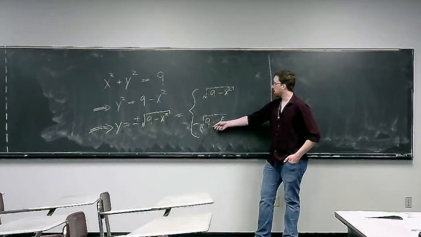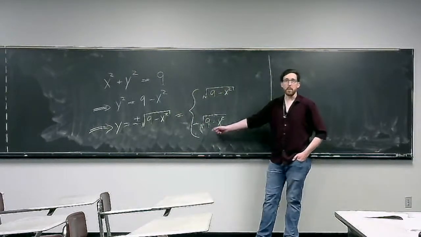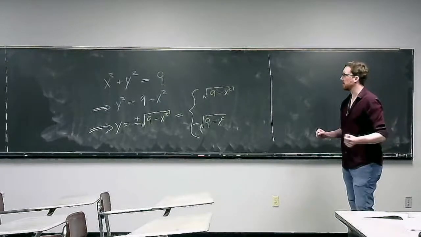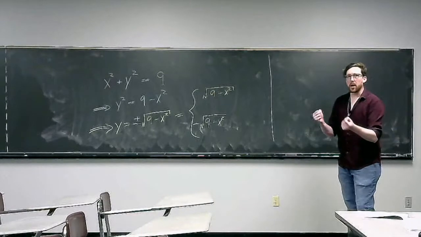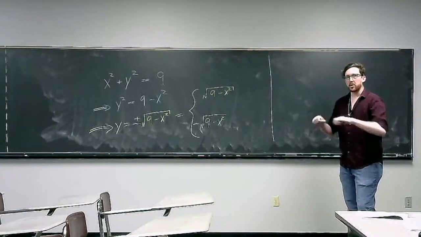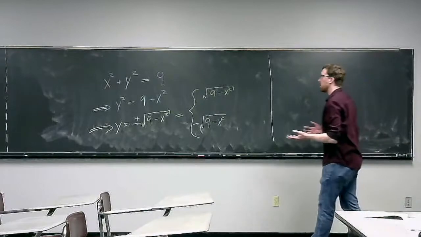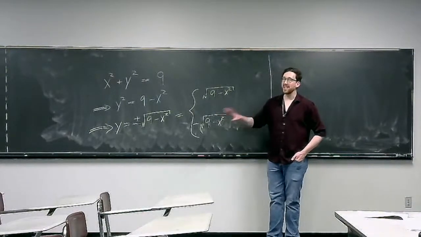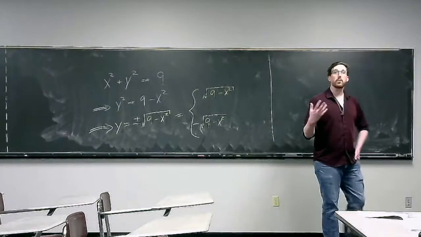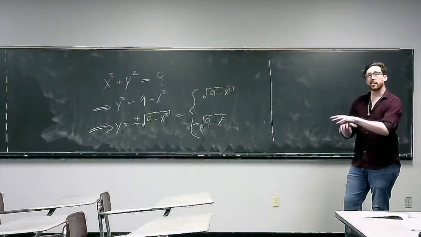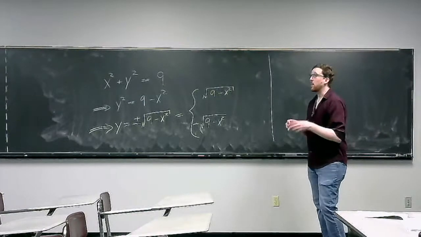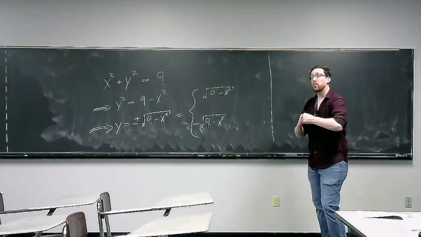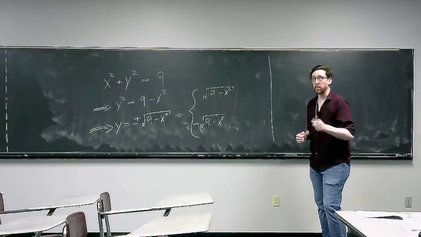And this equation down here represents the bottom half of that. So you can't actually untangle these x's and y's from each other and describe the entire system. Sure, we can describe parts of the system, but not the entire system. And that's what an implicit equation is. It's an equation where x and y are so tightly bound together that it's not enough to describe the entire system with one equation.